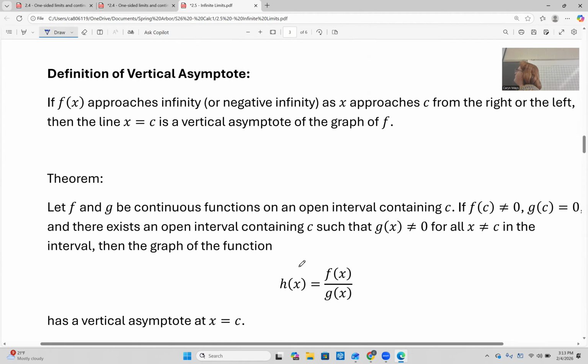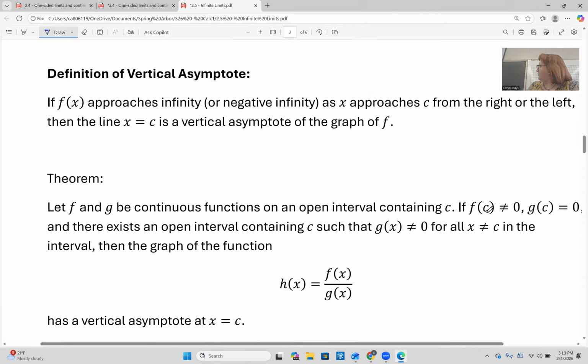Let f and g be continuous functions on an open interval. If f of c is not 0 and g of c is 0, then there exists an open interval containing c such that g of x is not equal to 0 for all x not equal to c in the interval. Then the graph of the function h of x equals f of x over g of x has a vertical asymptote.